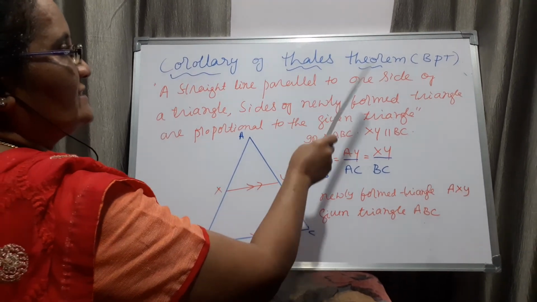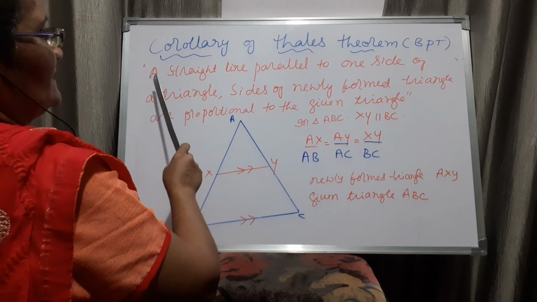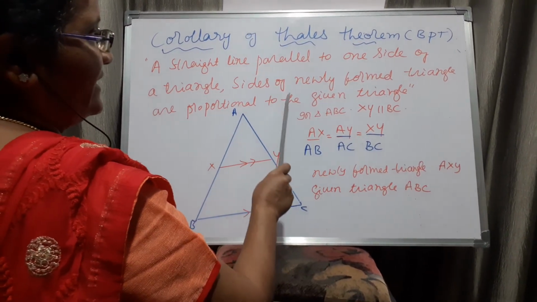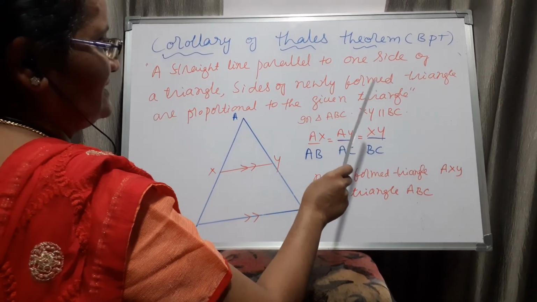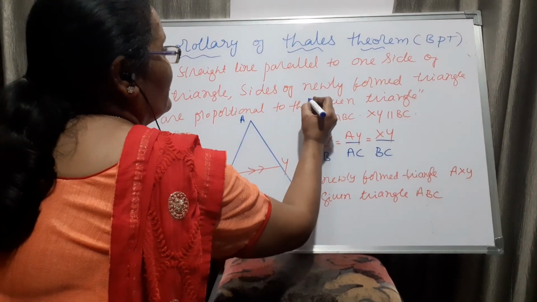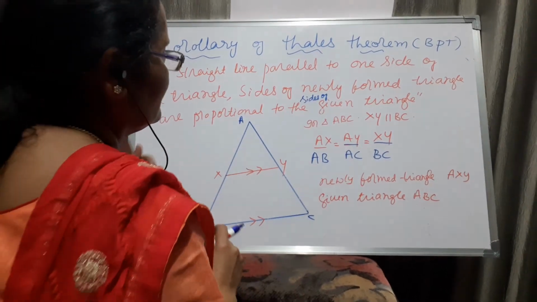Corollary of Thales theorem. Listen to the statement: a straight line parallel to one side of a triangle, the sides of the newly formed triangle are proportional to the sides of the given triangle.